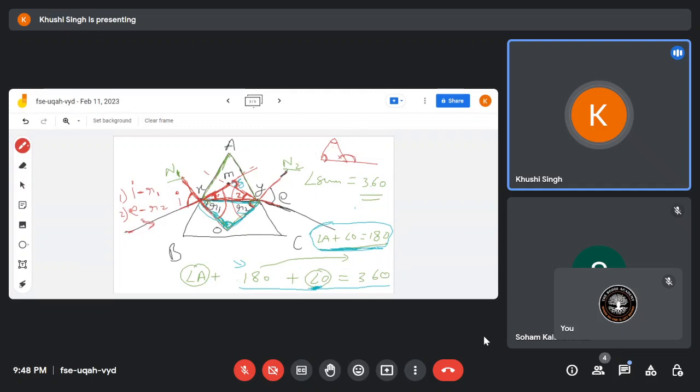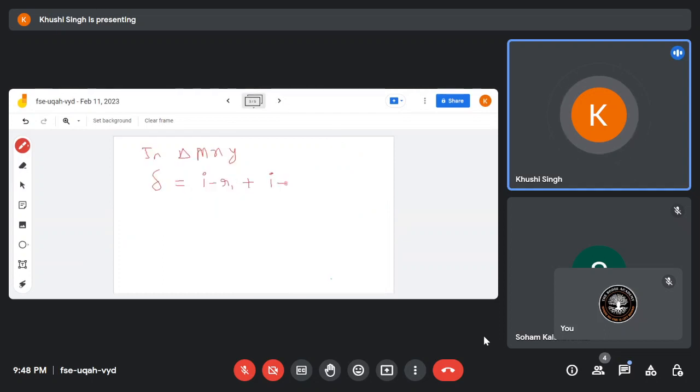Addition of both is my del, that is my deviation. So I'll write my angle of deviation is equal to the sum of, that is I minus R1, okay, plus E minus R2. That is my E minus R2.